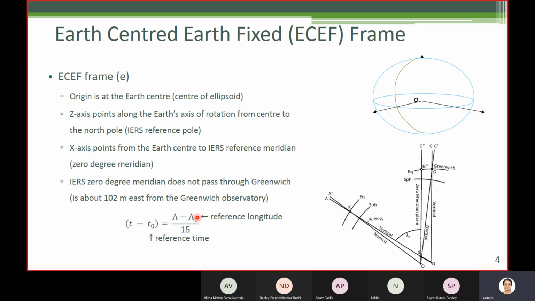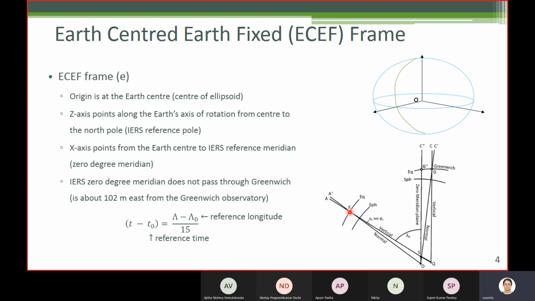Now you should also note that the vertical plane across which they calculated the transit time did not pass through the Earth center. Why? Shortly we will see that the Earth surface is modeled as an ellipsoid, not a sphere. Let's say this is the point at which the Greenwich Observatory is located, and this is the direction of the local vertical.